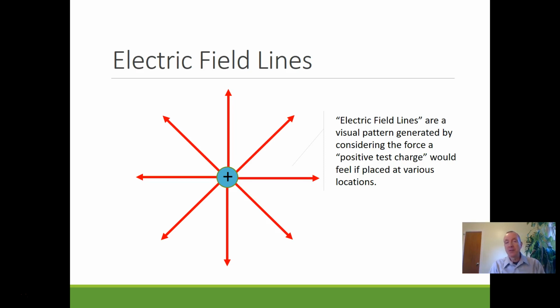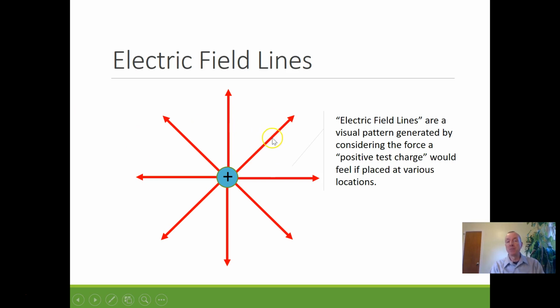And then next is the idea of electric field lines, right? So if you imagine a positive object or test charge at various places on a plane or in space relative to surroundings, and you think about the force, that then generates a pattern.